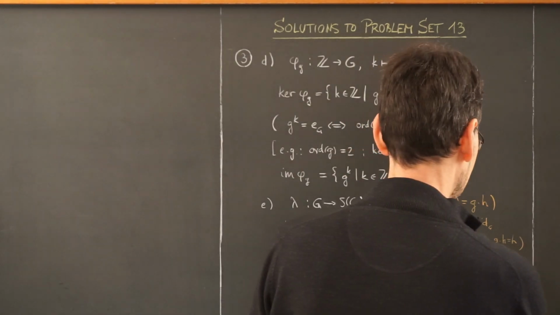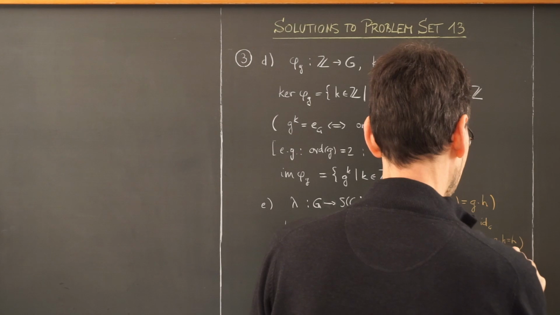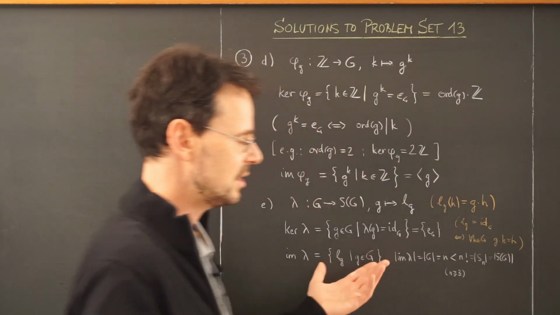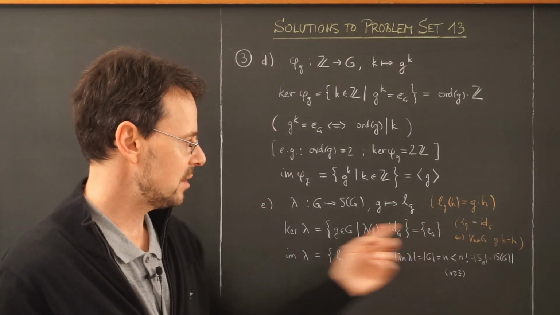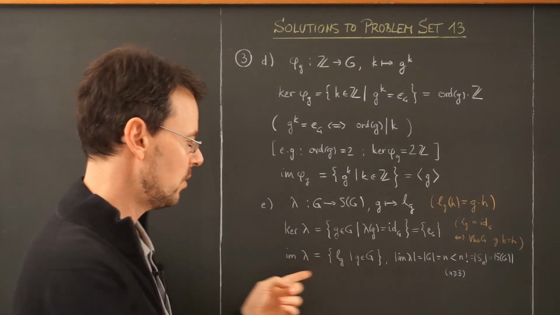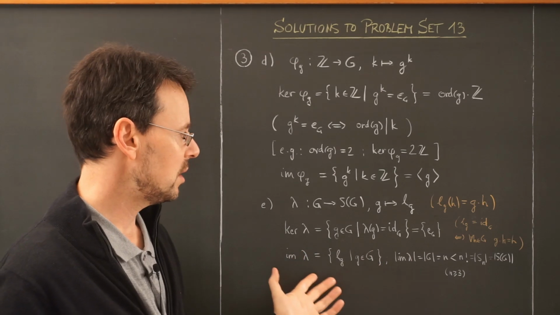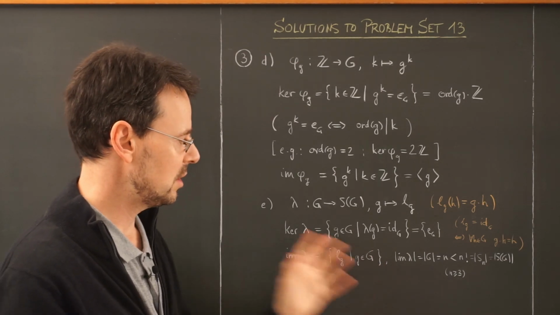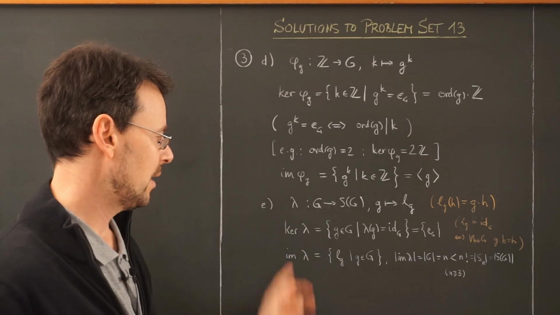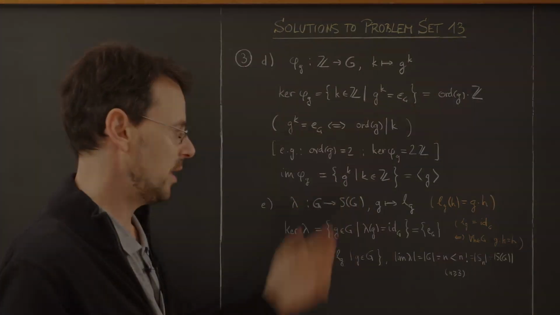And we established in the exercise back then that this is the same up to isomorphism as the symmetric group on G. So for n greater than or equal to 3, this here cannot be an epimorphism because the image is smaller than the domain.